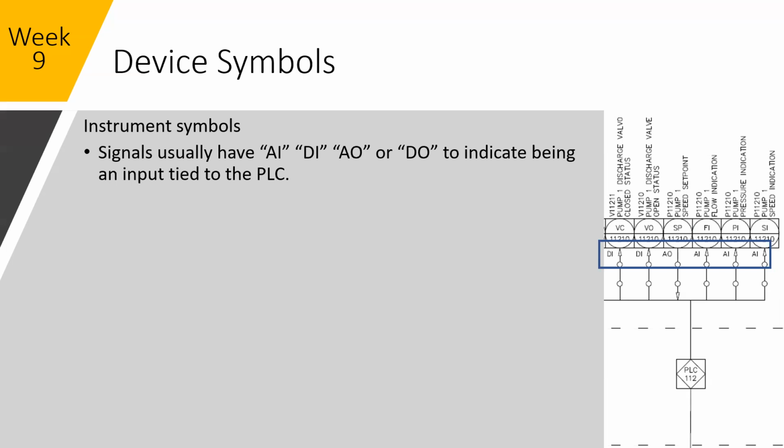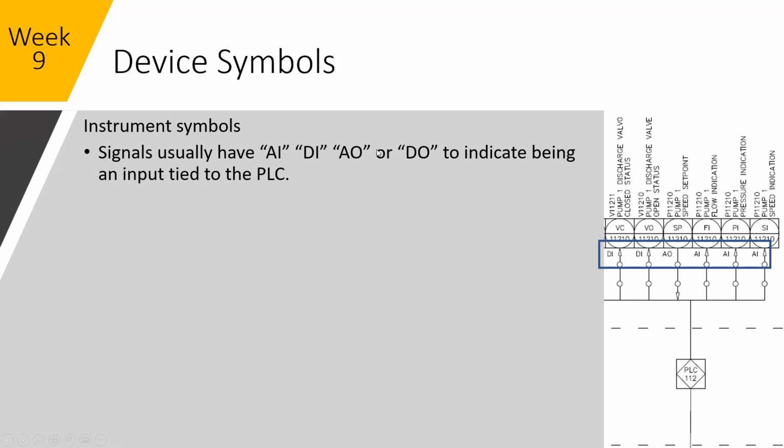When you're looking at a P&ID, process and instrumentation drawing, you'll have your devices and your process at the bottom, typically the bottom to the middle, and then all the signals will connect up to the top. You're going to see DI, DI, AO, AI, AI, indicating the type of input to your PLC.